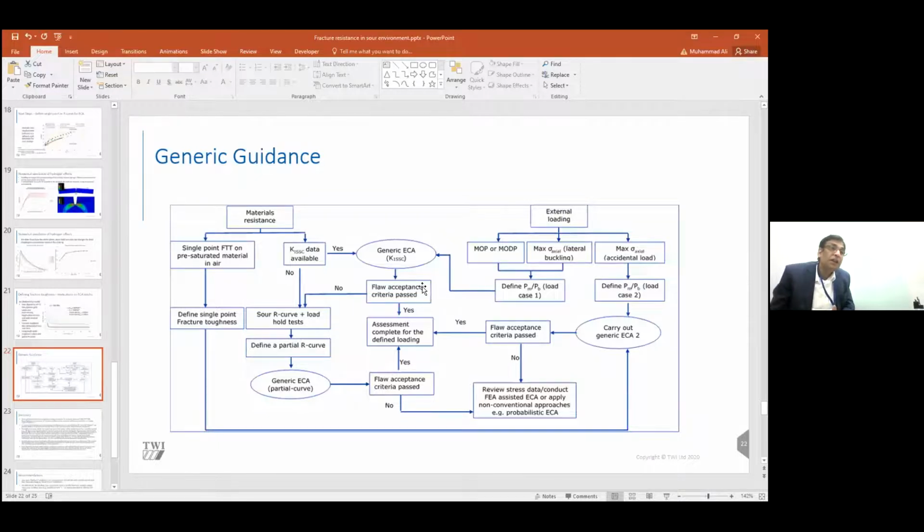The ultimate aim is to minimize the unnecessary conservatism which we often build into an assessment when we carry it out for a structure exposed to a normal or air environment rather than sour environments.